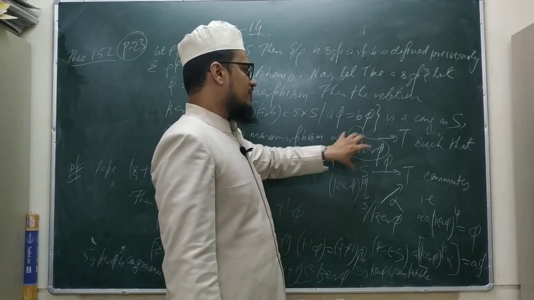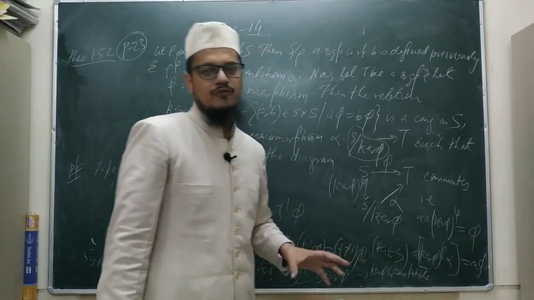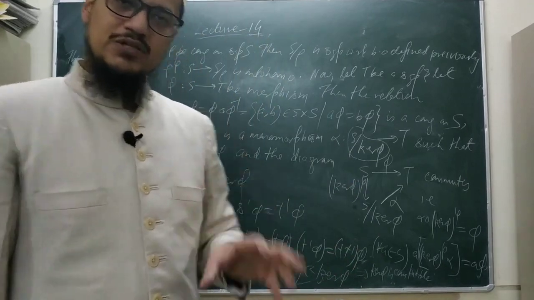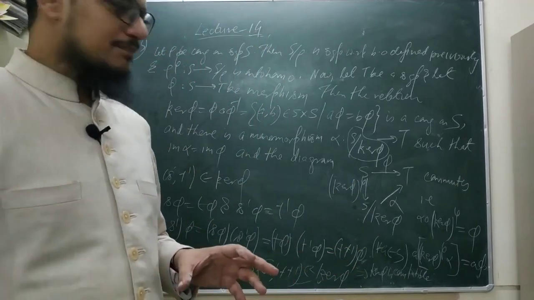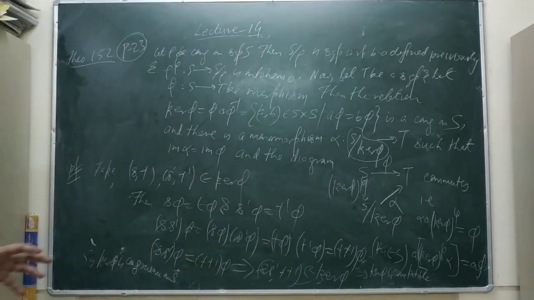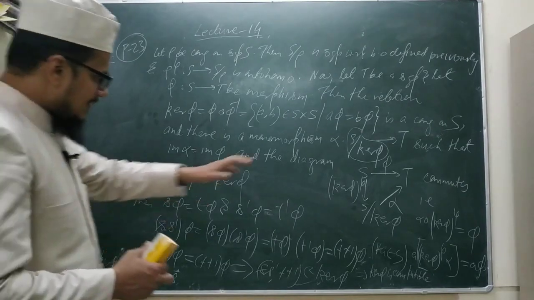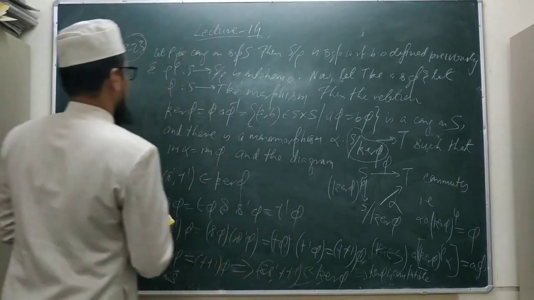So first we have to define a mapping, and after defining the mapping, we have to prove that it is a homomorphism as well as 1-1. So first we define a map. Let's see how we define a map.